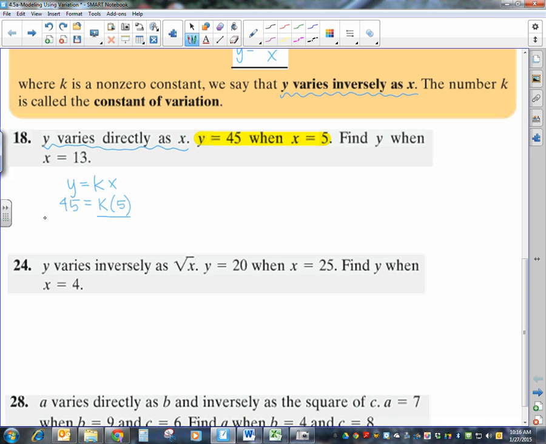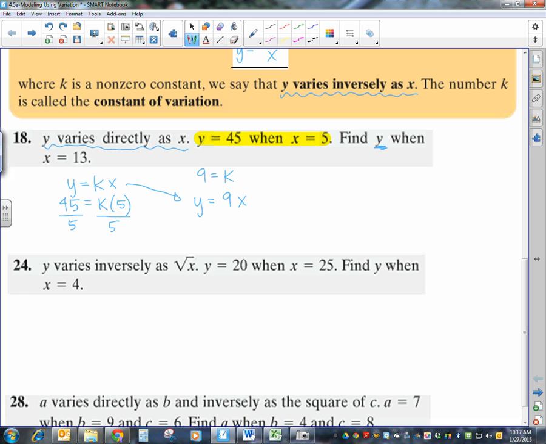So as we just learned, we divide both sides by 5 to solve that, and we find out that 45 divided by 5 is 9, which is equal to k. So the true equation is y equals 9 times x, because k was equal to 9, so I plugged in 9 for k into that formula. So this equation deals directly with this problem.